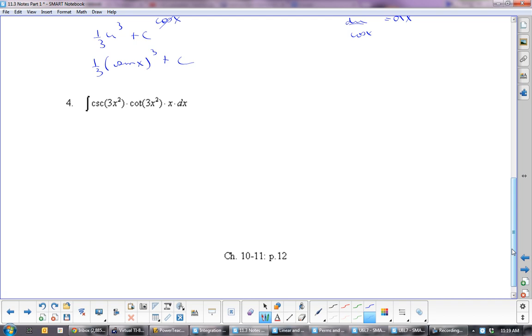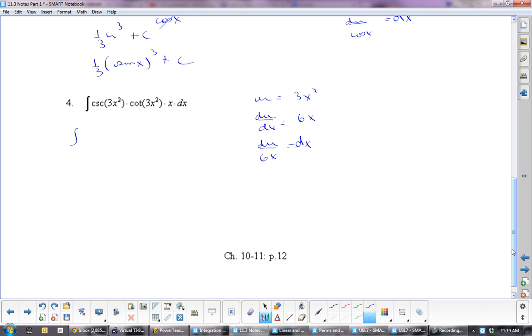Okay, so I got cosecant 3x squared, cotan 3x squared, x dx. So what would u be? Yeah, the 3x squared. It's the inside of the composite function. du over dx would equal 6x. Therefore, du over 6x equals dx.